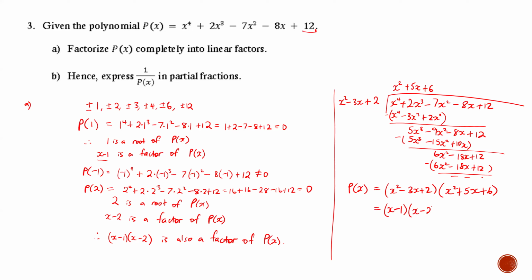This is x minus 1 times x minus 2. And here you could actually use the sum and product for quadratic polynomials, and this is going to give you x plus 2 times x plus 3. And so now we have factorized p of x completely into linear factors. So this is part A of the question that we're asked to do.